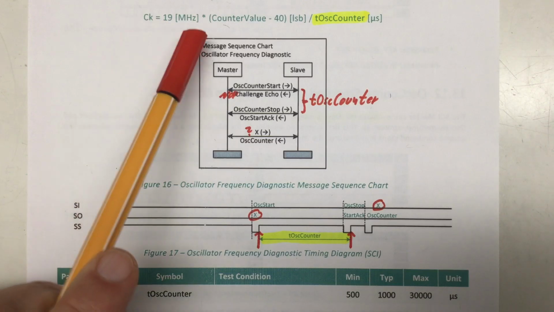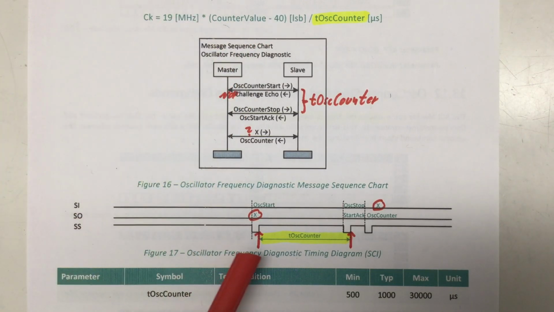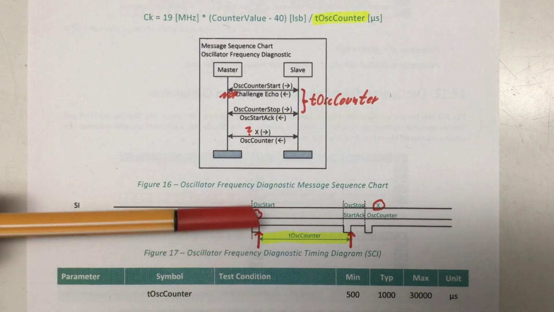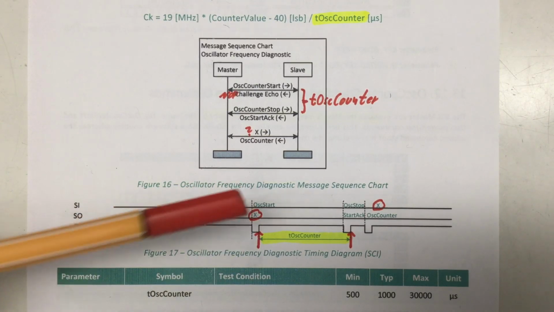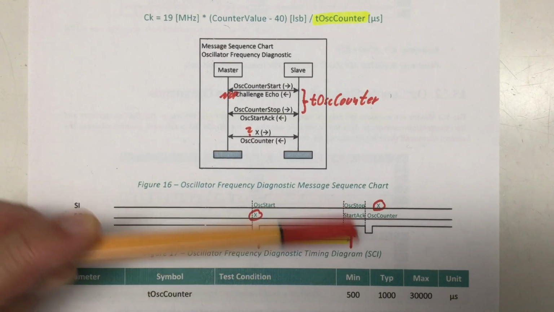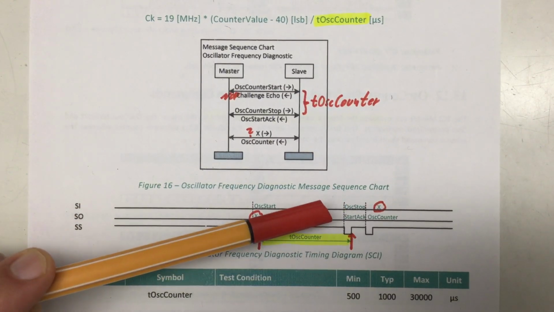And the chip returns us the counter value. And that T oscillator counter time is defined as the time between the rising edge after we send our oscillator start MOSI message and the rising edge after we send our oscillator stop message.